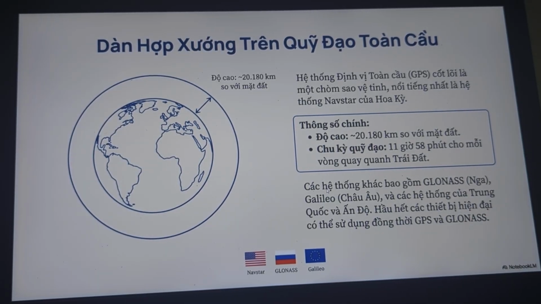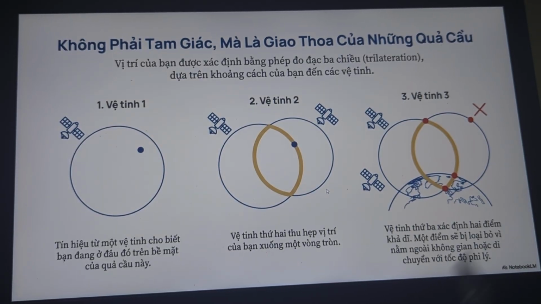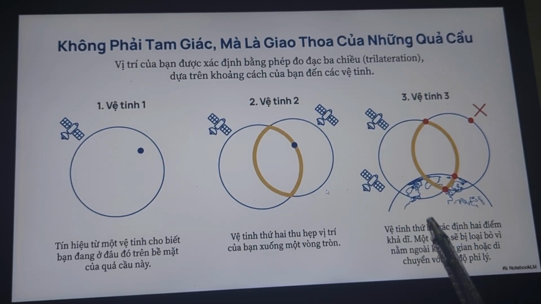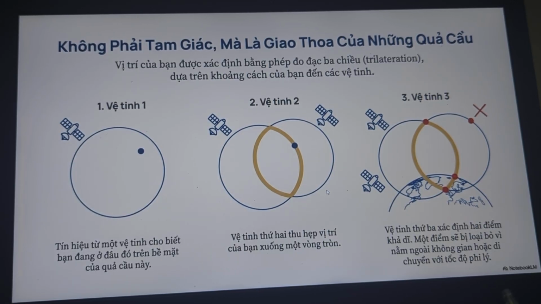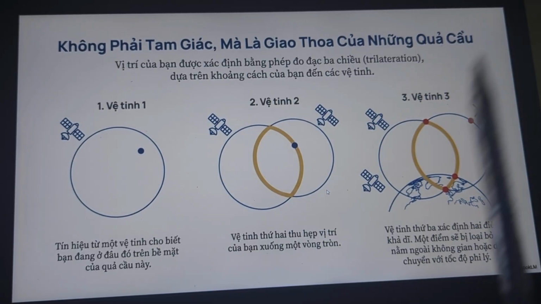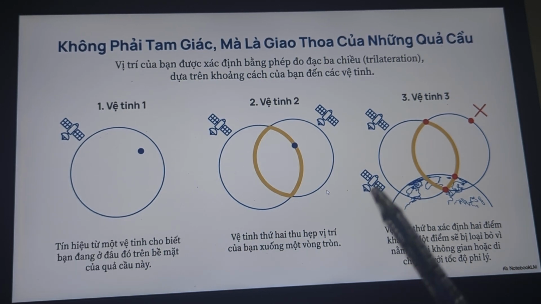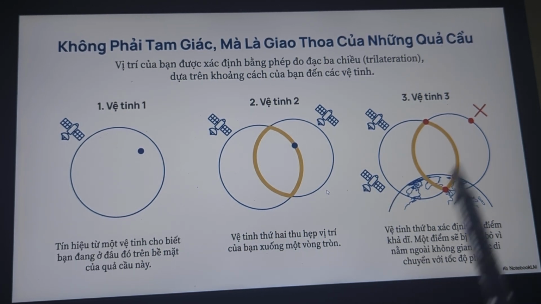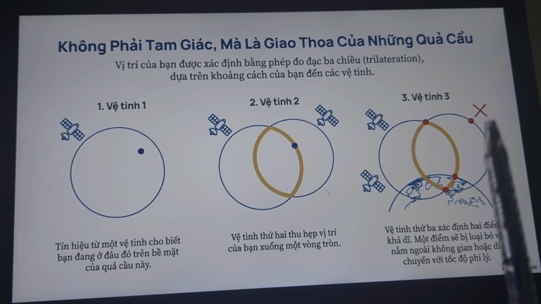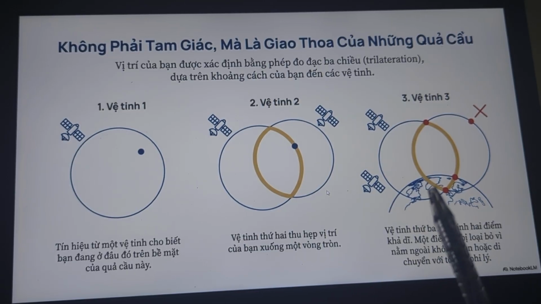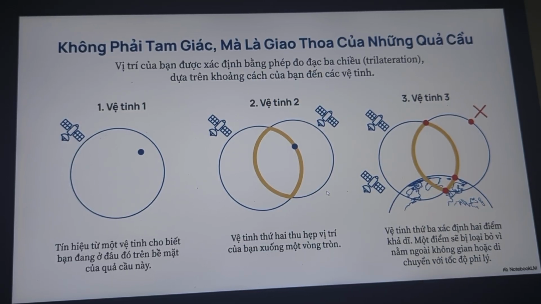The one important thing I want you to know is that we need at least four satellites to calculate our position on the earth. I will explain with 2D trilateration and 3D trilateration, but the explanation for 3D is about the same.